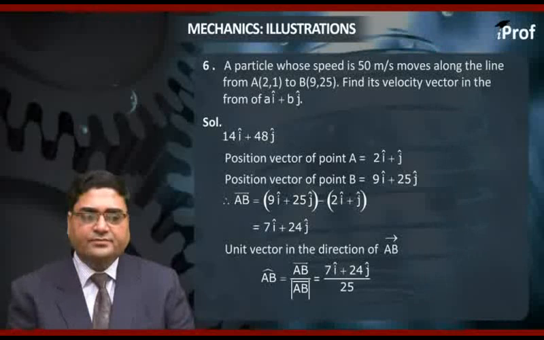The unit vector in the direction of AB vector, AB cap, equals AB vector upon the magnitude of AB vector, equals 7 i cap plus 24 j cap upon 25.